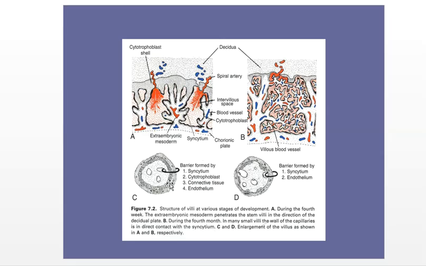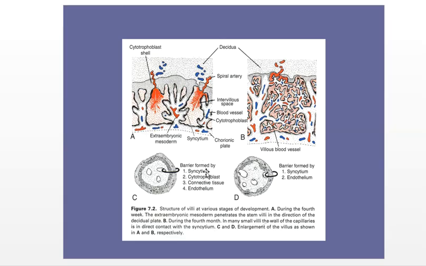The syncytium is the outer layer. The second one, the cellular layer, is the cytotrophoblast. The white color is connective tissue, and this one is the endothelium of the fetal vessels. We say that before the 4th month of development, the placental barrier consists of these layers.